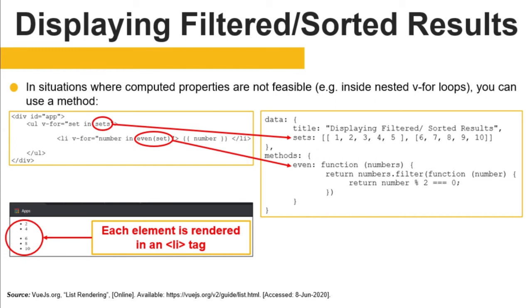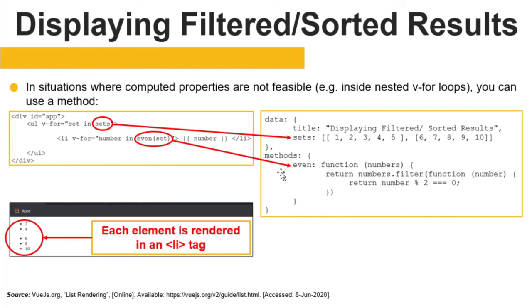Always remember that when dealing with nested v-for loops, computed properties, just like the previous example, are not feasible. That is why methods, as another property of our Vue instance, are used, having a method named even, which accepts an array as its parameter.